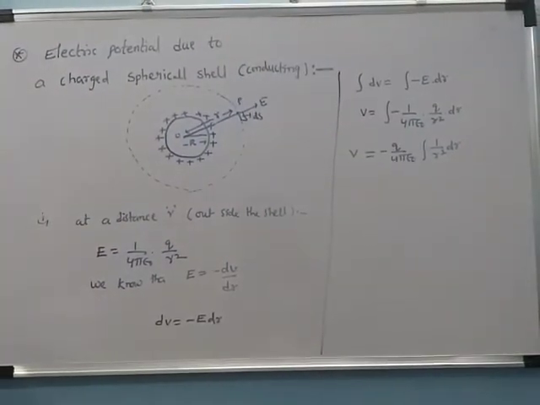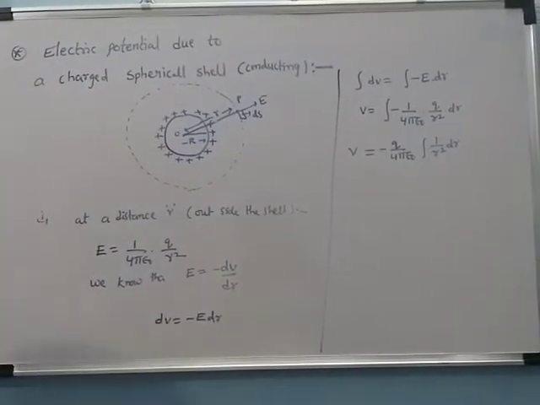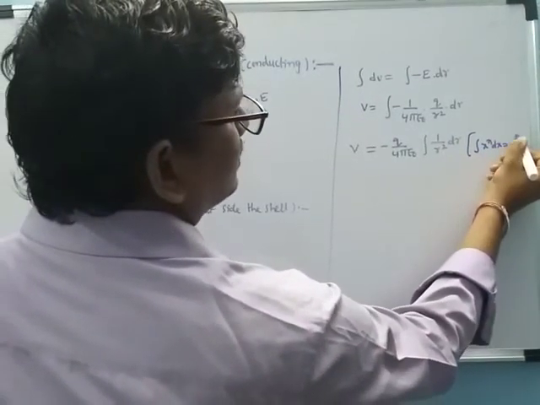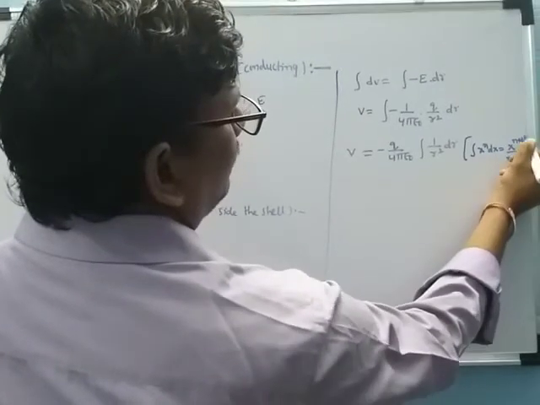Then we apply the integration formula. The integration of x to the power of n dx is equal to x to the power of n plus 1 by n plus 1.